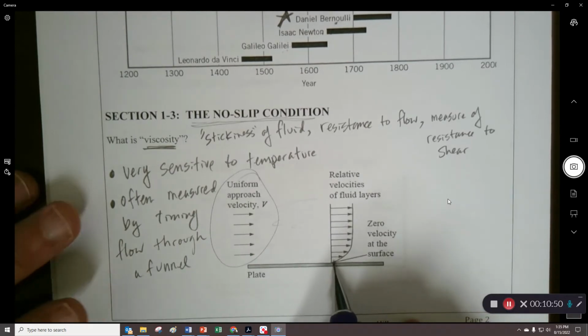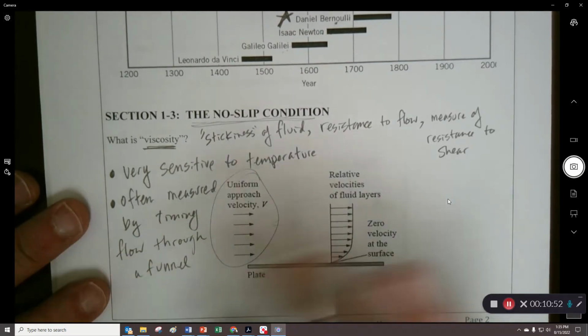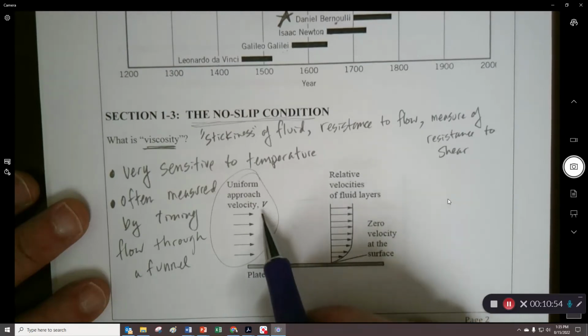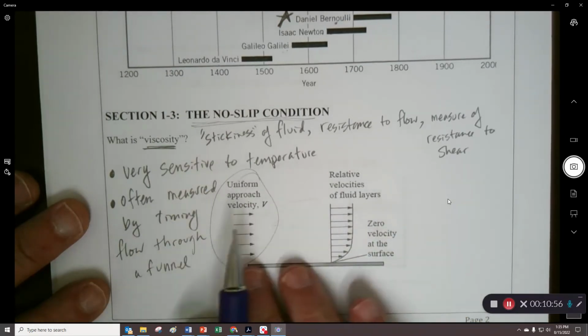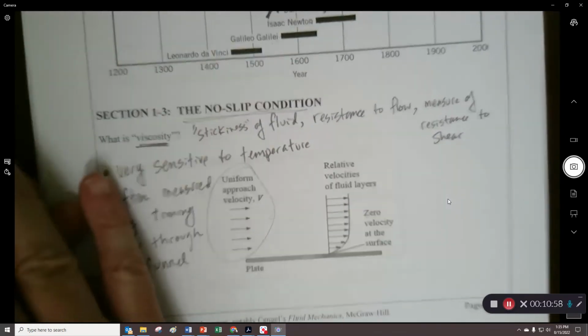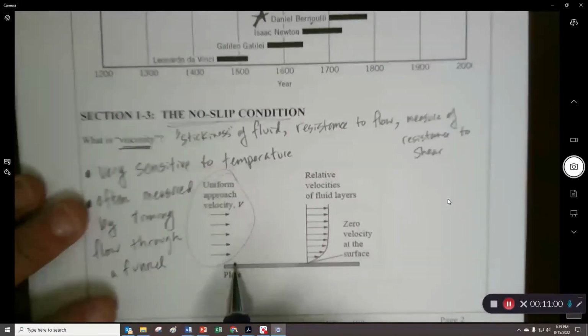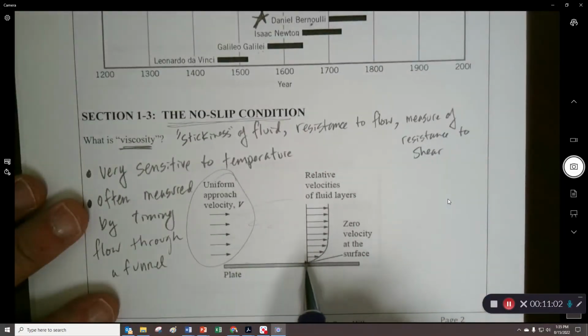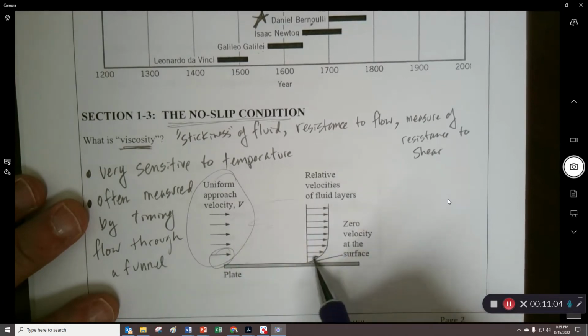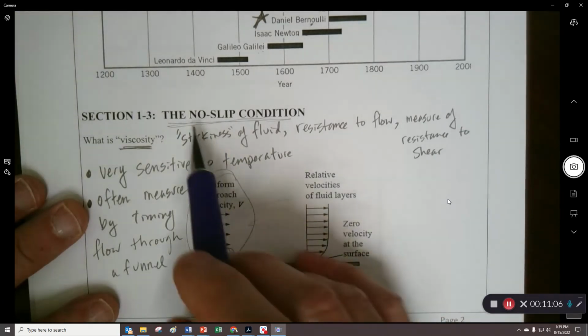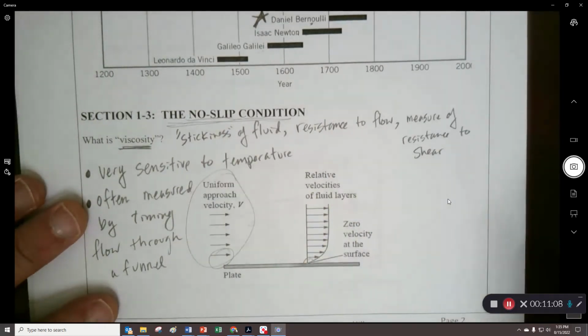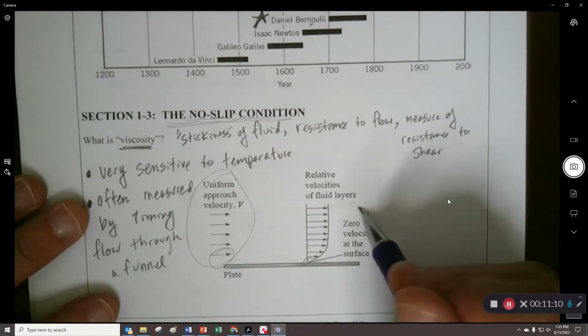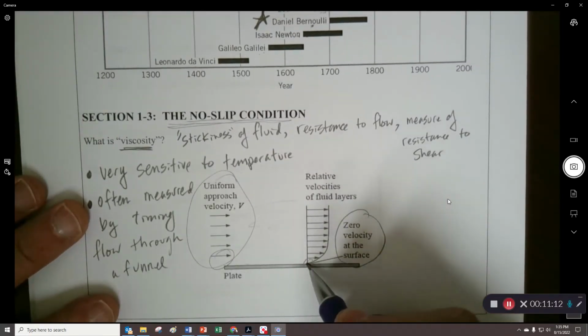But there is viscosity, but let's think of them as liquids for now. And we have this flow, and over here before it gets near the plate, it's just free to move. But as soon as it encounters the plate, the closest molecule is going to stick to the plate and not slip. That's the no-slip condition, where there's zero velocity of that first molecule.